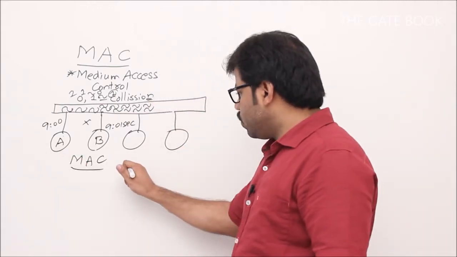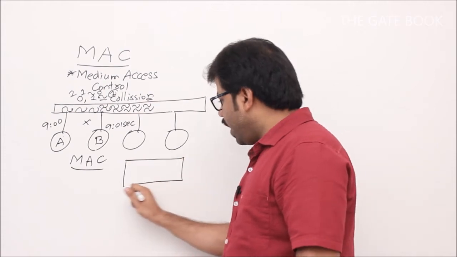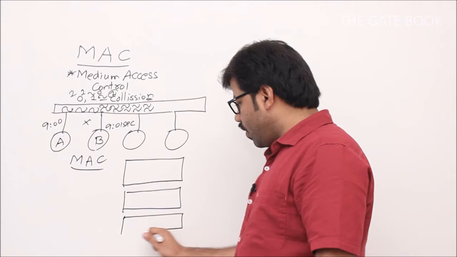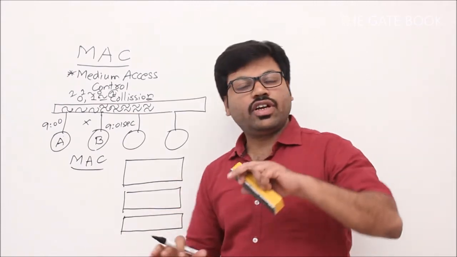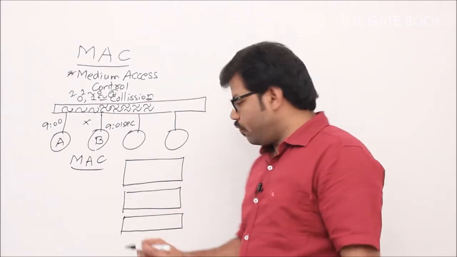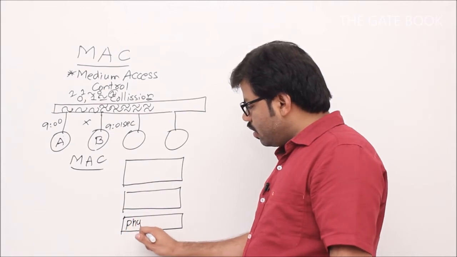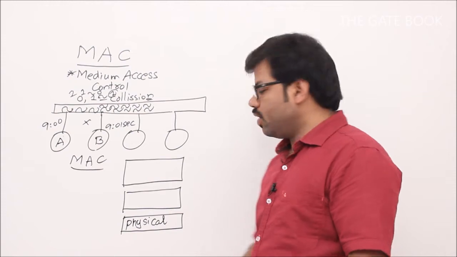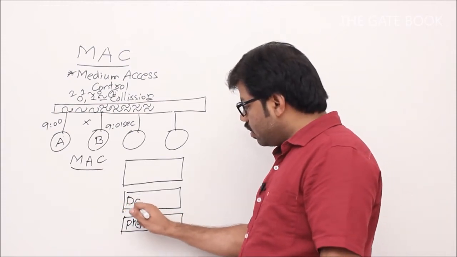Let's see now. So far we require 3 layers. One is, first of all, how to convert your message to signals. That is the physical layer, right? What kind of signals to be used, everything, physical layer. Now what is the data link layer?